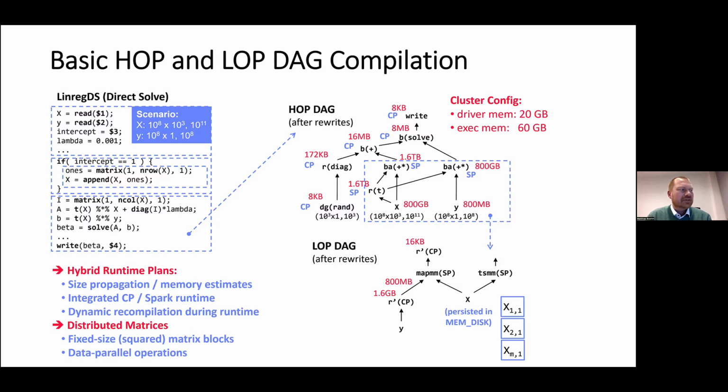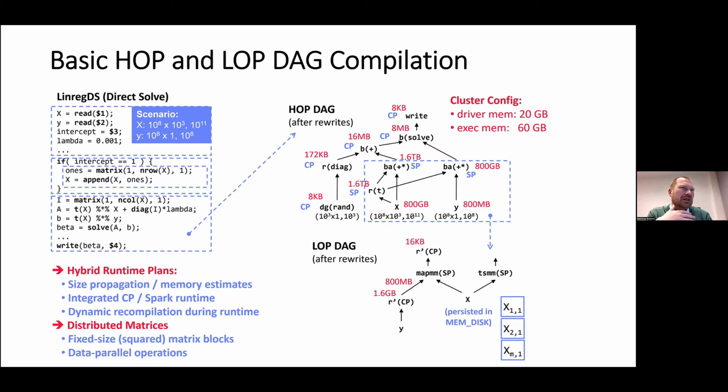So there we heavily rely on dynamic recompilation, which is an extremely important feature for JIT compilation, where we essentially, on natural blocking points in between those statement blocks, keep the original high-level operator DAGs around, take out of the symbol table the actual size of intermediates, push them again into the leaf nodes, and dynamically during runtime recompile execution plans.